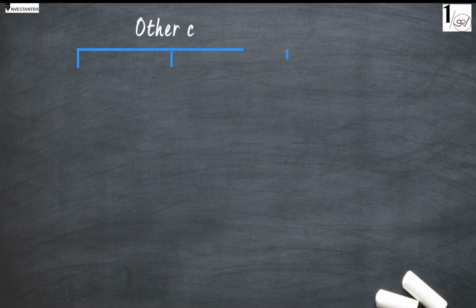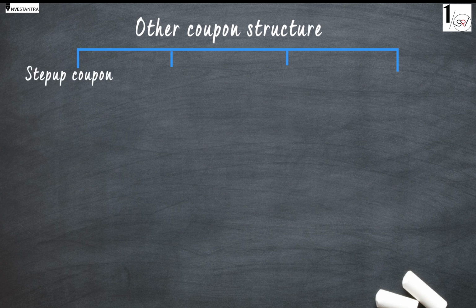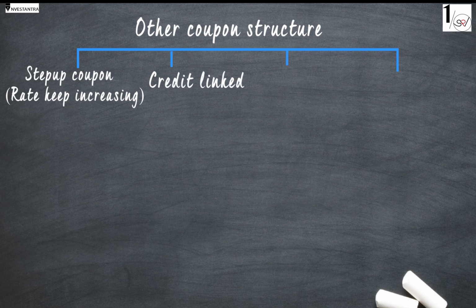Okay. Then the other coupon structures, you also have step up coupon. Rate keeps increasing. What about a credit link coupon? Credit rating of issuer.